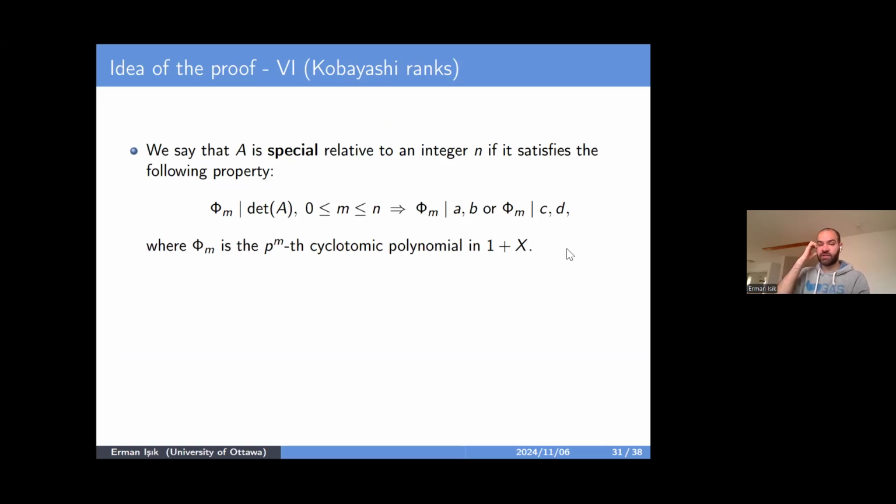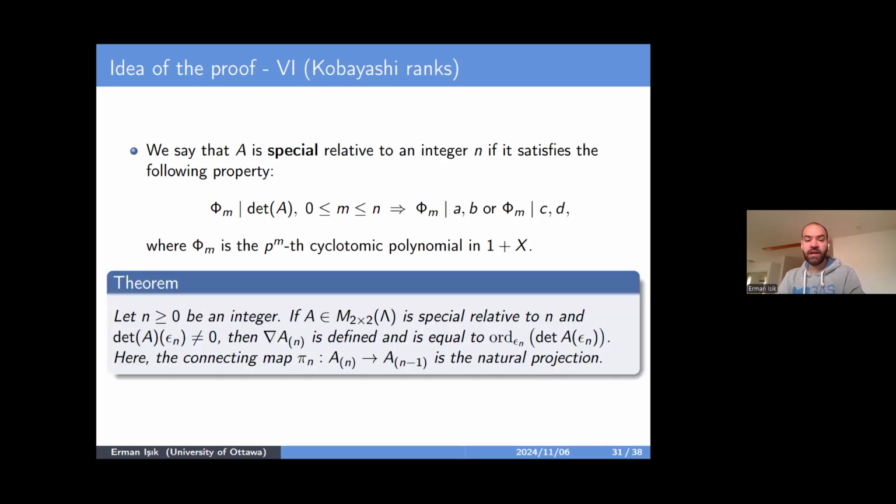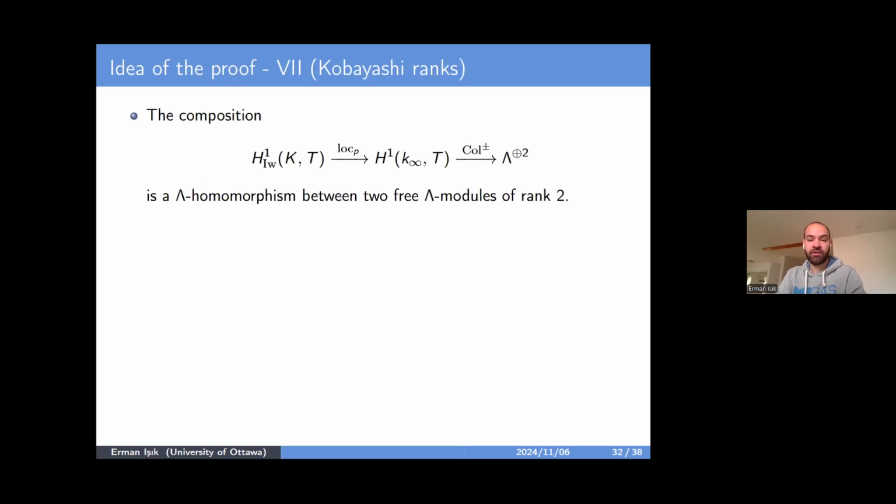Under this restriction, we can find the Kobayashi rank of this projective system, which is defined and is equal to the order of the determinant of A evaluated at this number. That allows us to define certain auxiliary objects and split the Kobayashi rank of this into chi n and allows us to calculate the number.